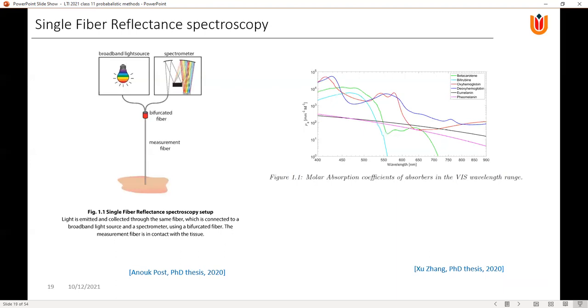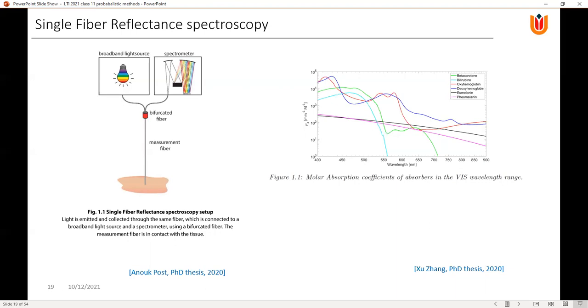So what can we measure? Well, the wavelength range of that light source is pretty broad. So let's say from 800 to 900 nanometers. Typically, in tissue, there are a lot of interesting absorbers in that range.